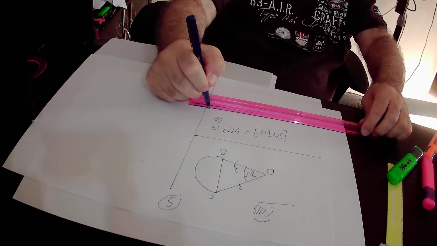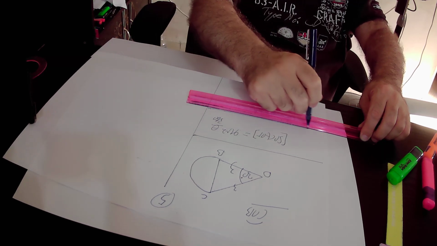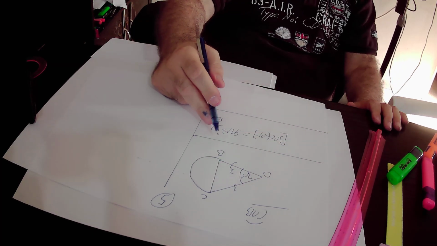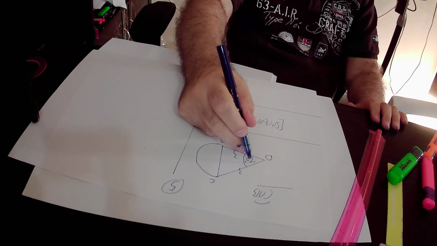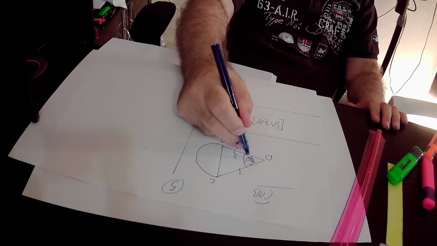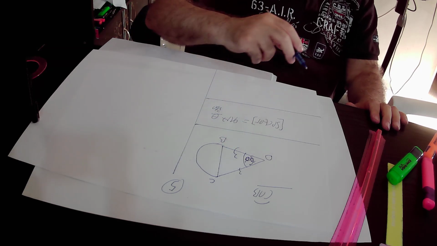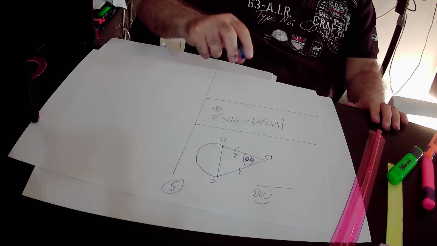R is the radius of the circle that contains the sector, and theta is the angle between the legs of the sector, in this case 60 degrees. Here the radius of the semicircle is 3, so R equals 3.